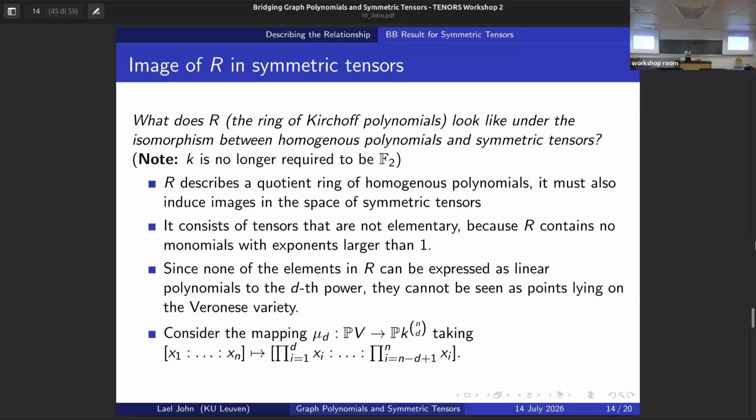Tensors would be graphs. Yes. What is the relation? So that was the closest paper I found relating graphs to symmetric tensors in this format. I still didn't see a relationship between the polynomials that I needed, these Kirchhoff polynomials, and symmetric tensors.